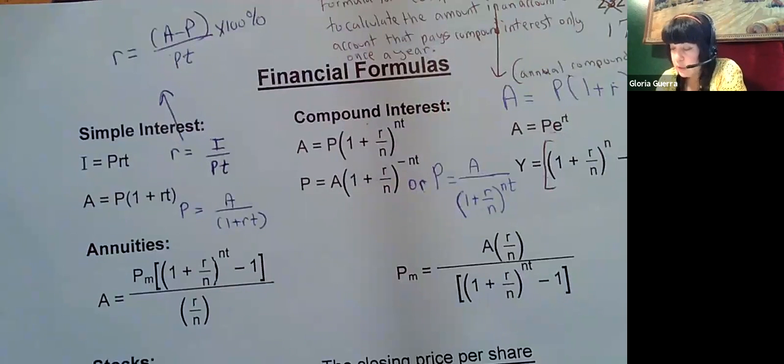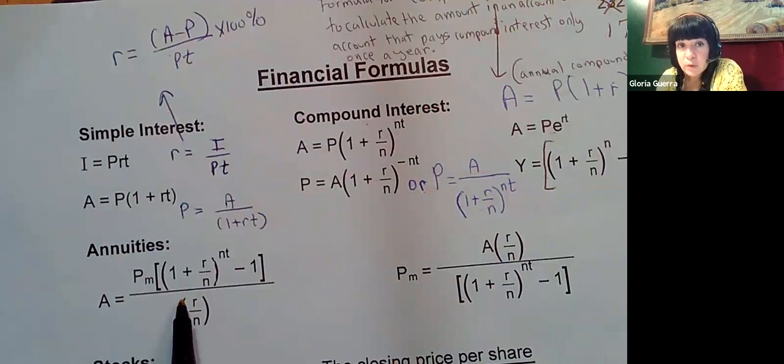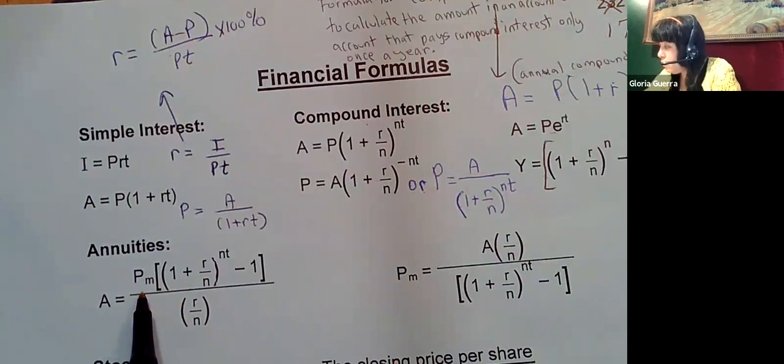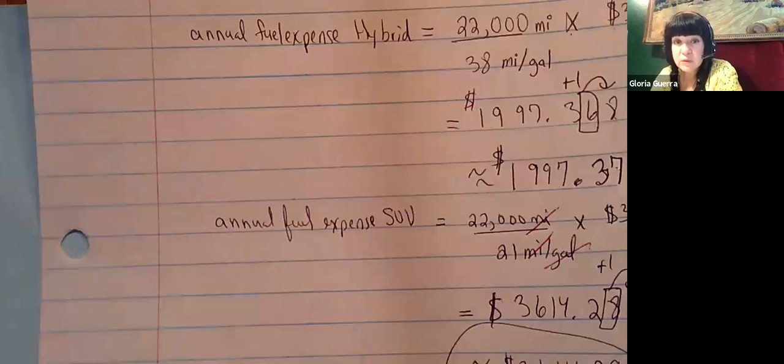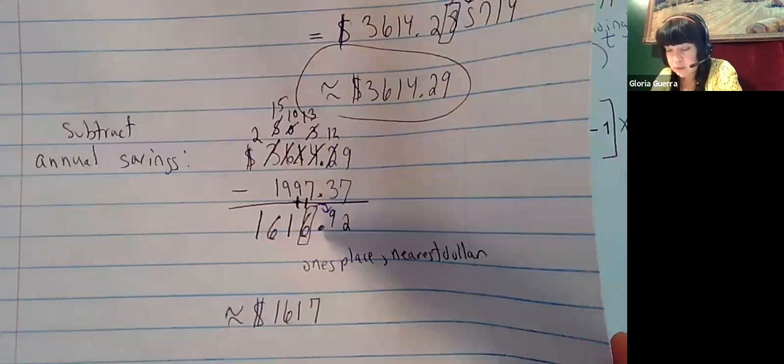So anytime you're doing some kind of an annuity, you would want to use this formula. The payments here would be your fuel savings, and these are annual fuel savings, right? So this was an annual fuel savings of 1,617.